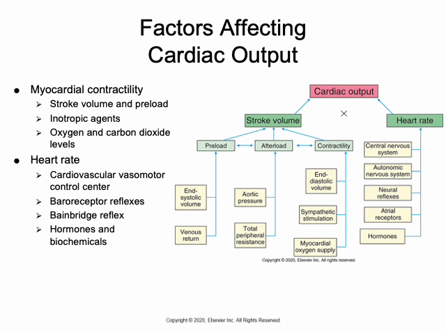There are many medications that have a positive or negative inotropic property as well, and they can have significant effects on our cardiac function. Then we have the adequacy of the myocardial oxygen supply. As well as O2, we have to think about CO2 levels, or carbon dioxide.